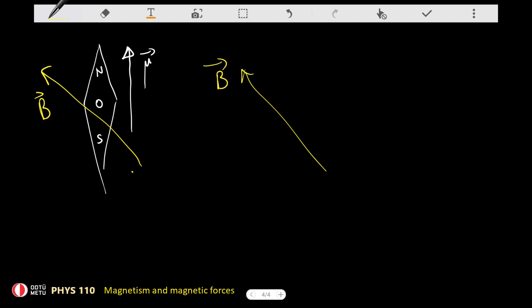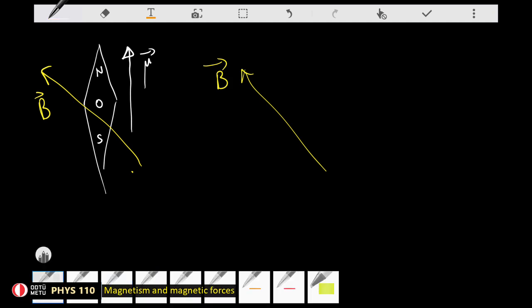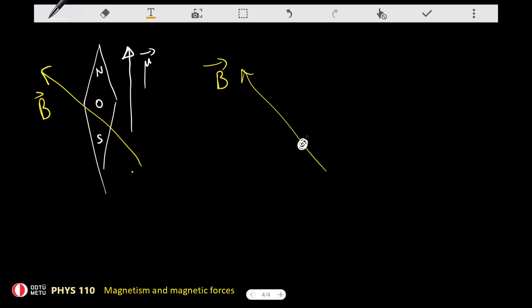So as a result, this is what we usually describe the motion of the compass needle, for example. Let's say that the initial orientation of the compass needle is something like that. This is mu, right? Let's say that the initial kinetic energy is equal to 0. This is starting from rest. In that case, we will see that there's a torque on the compass needle. So as a result, the needle is going to rotate like that. Eventually, of course, it's going to get oriented parallel to the magnetic field.